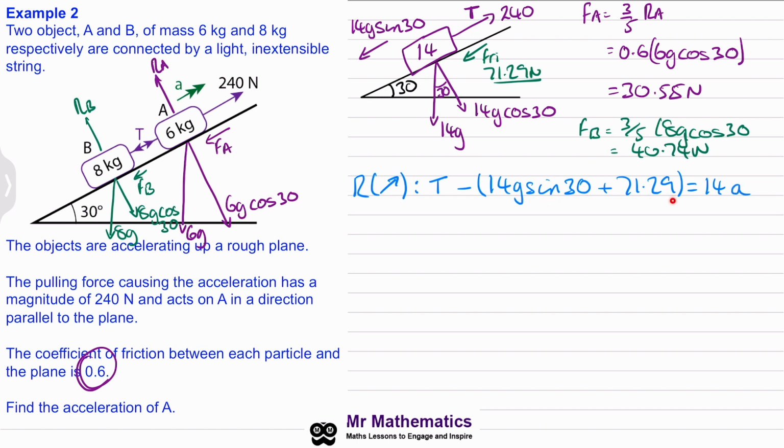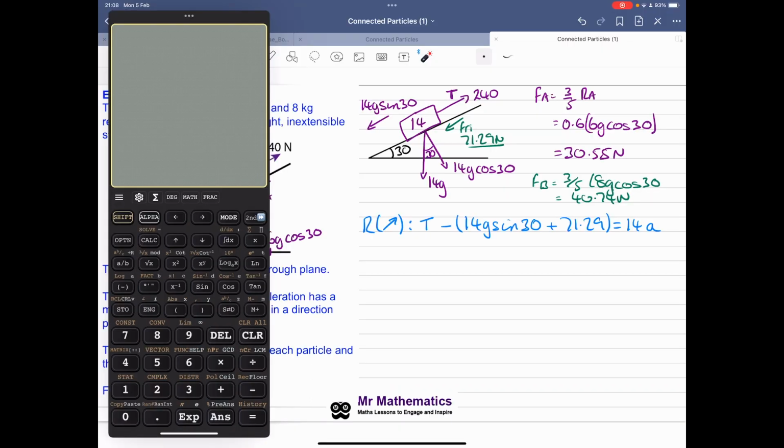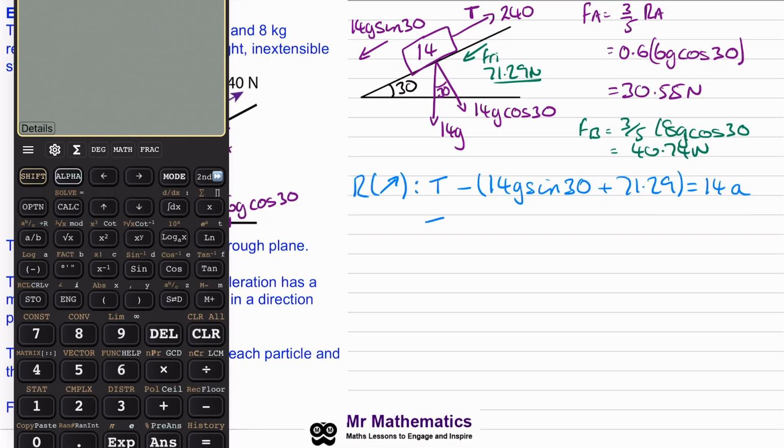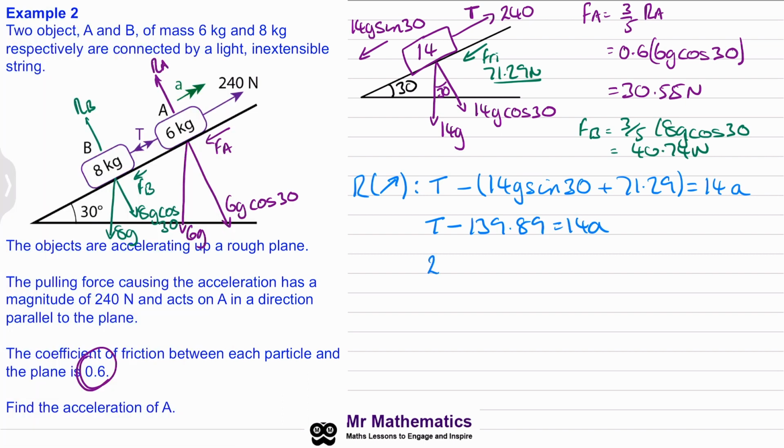So if we add these two together, we've got 14 times 9.8 times sin 30 plus the 71.29. So the tension minus 139.89 will equal 14A. And we know this tension is 240 newtons. We can work this out as 100.11 equals 14A.